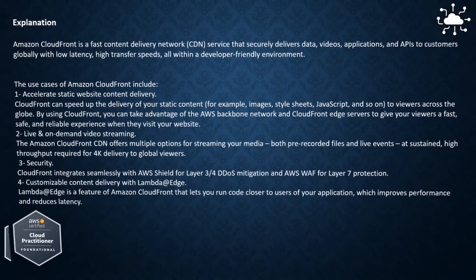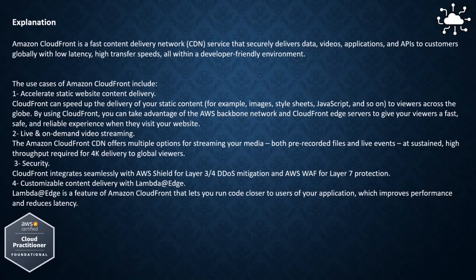Explanation. Amazon CloudFront is a fast content delivery network, CDN, service that securely delivers data, videos, applications, and APIs to customers globally with low latency and high transfer speeds, all within a developer-friendly environment. The use cases of Amazon CloudFront include 1.